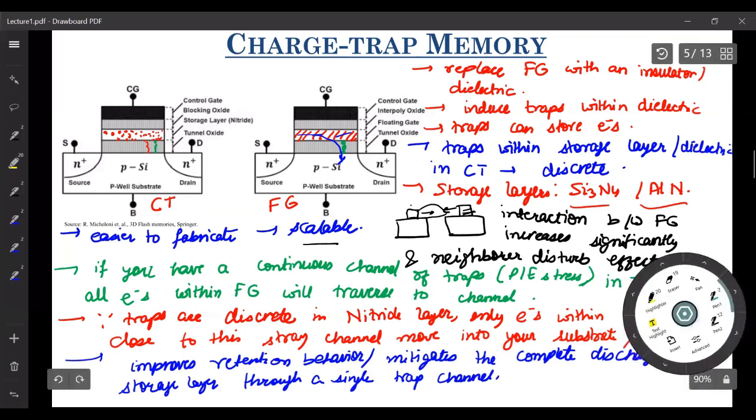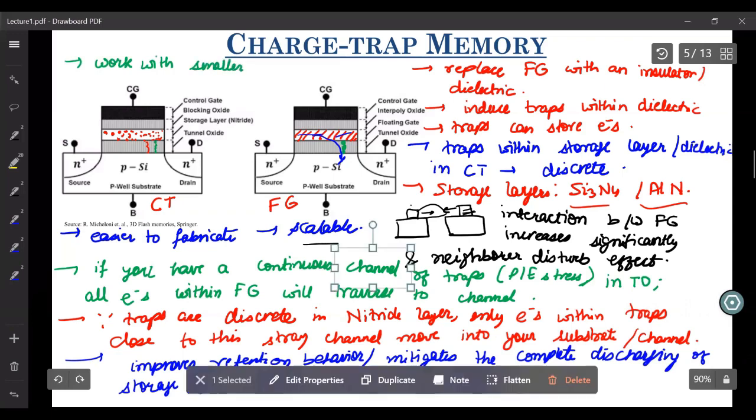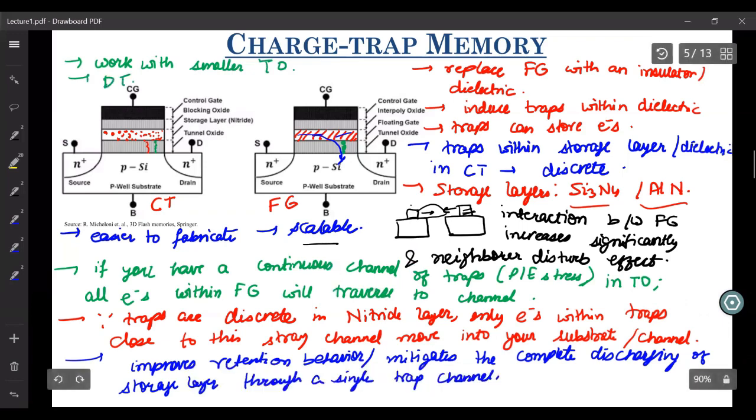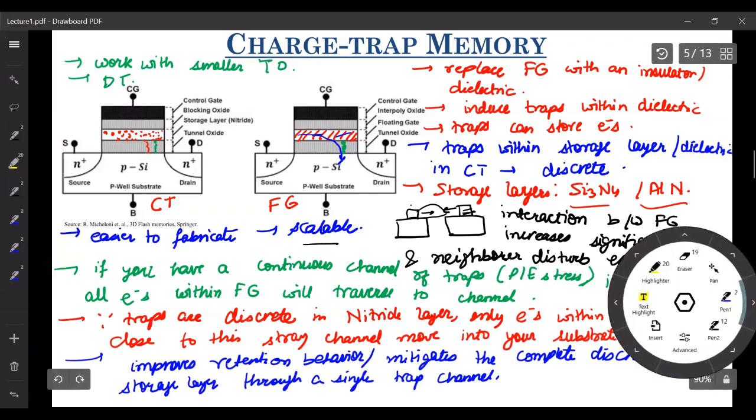Also, here you can work with a smaller or thinner tunneling oxide and use direct tunneling. If you are using direct tunneling, the tunneling efficiency improves.